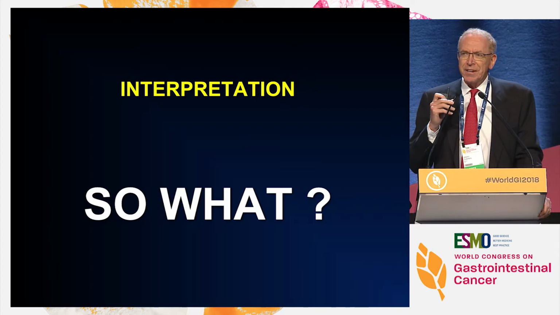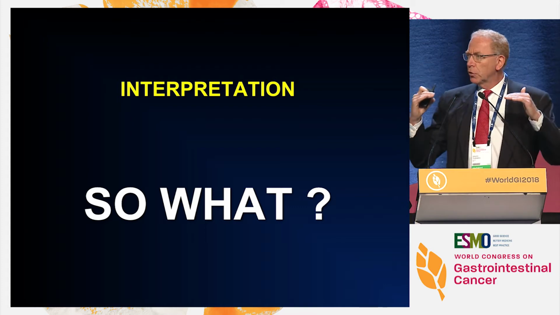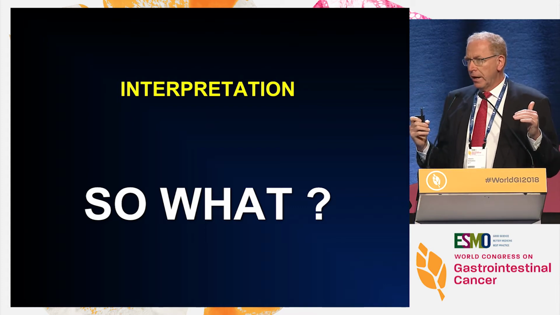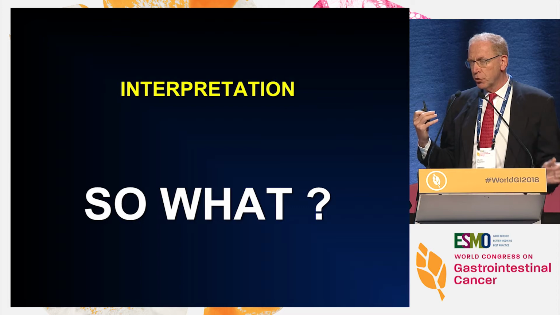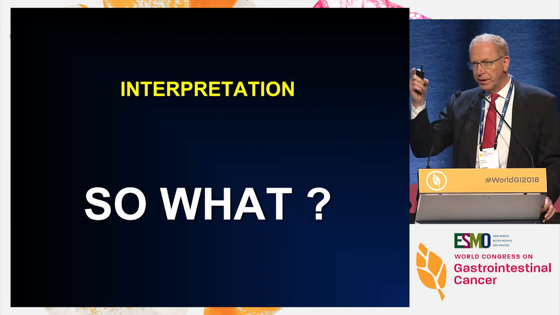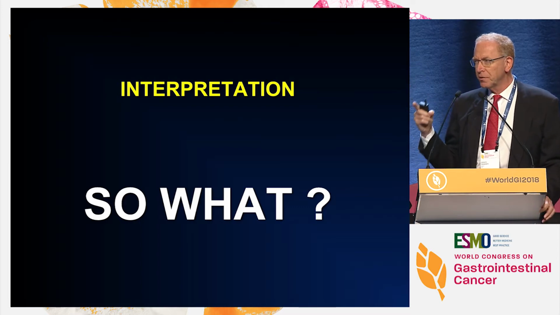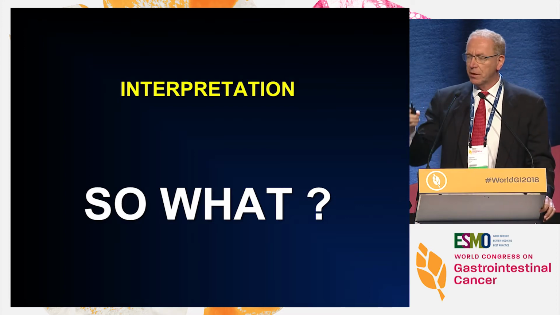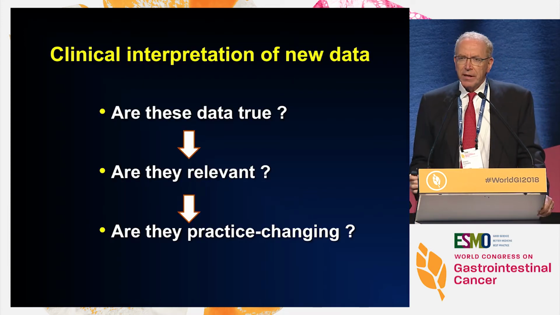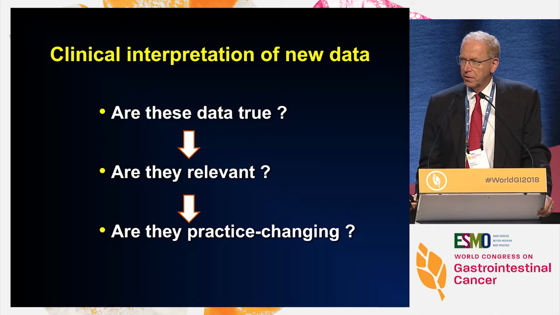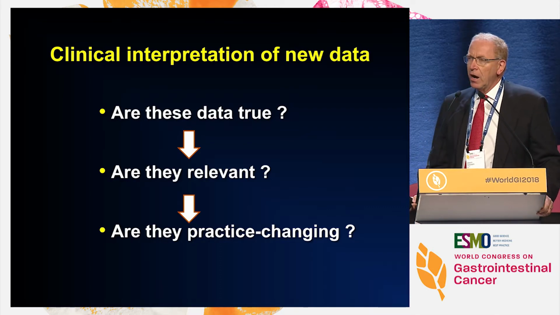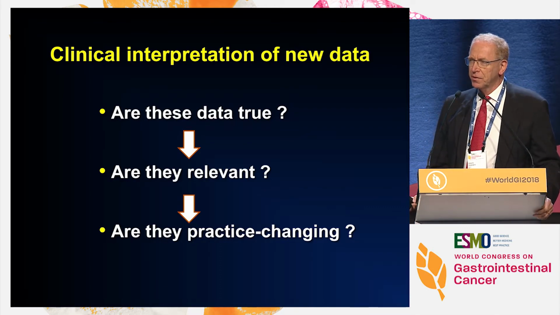Now, there is a structured way to answer this question, and this answer should be articulated into 3 different questions that must be answered in sequence. The first is, can I trust these results? The second is, how relevant are these results?